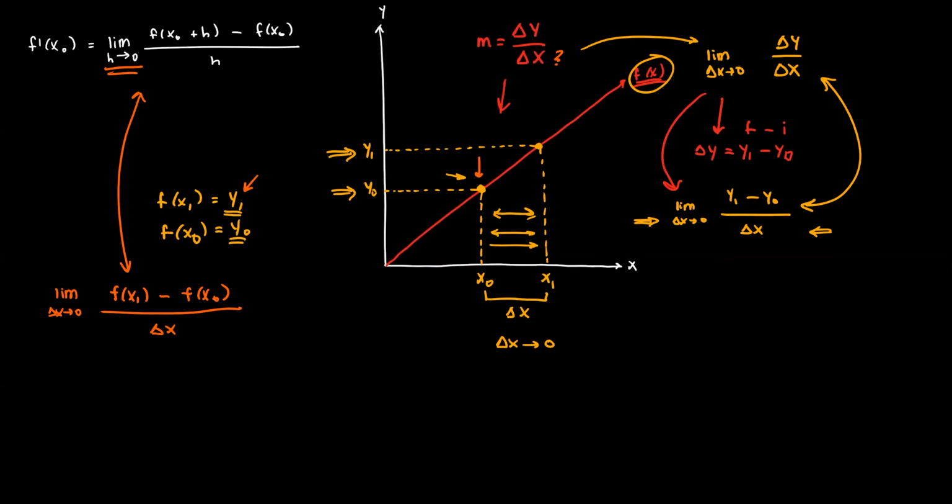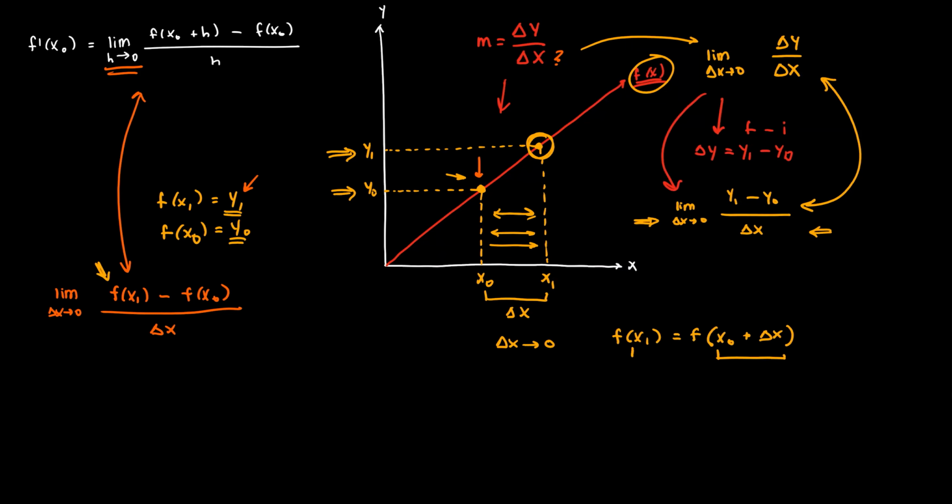So let's take a closer look at this part right here, f at x1. f at x1 is what happens at this point right here on the graph. And so we can rewrite this: f at x1 is going to be equal to f at x naught plus delta x. Now, why is this true?